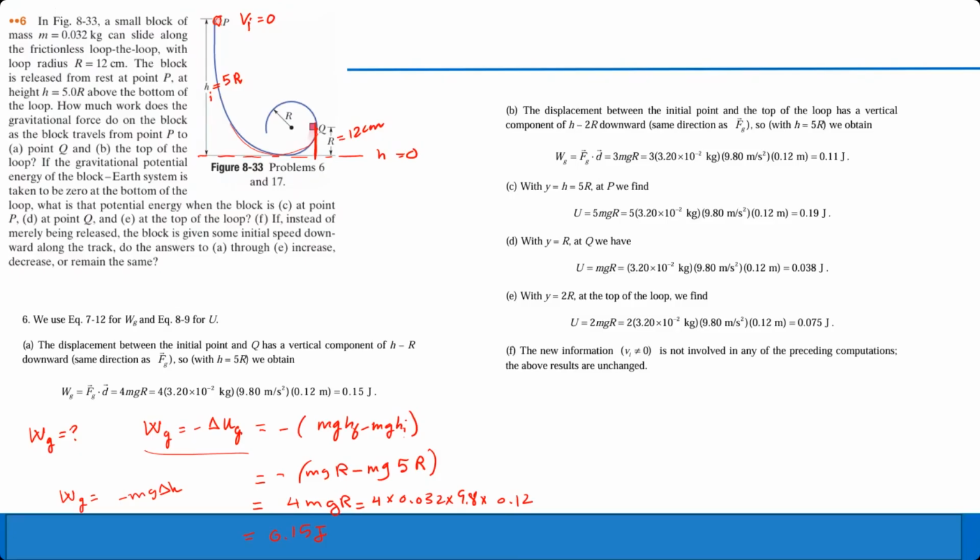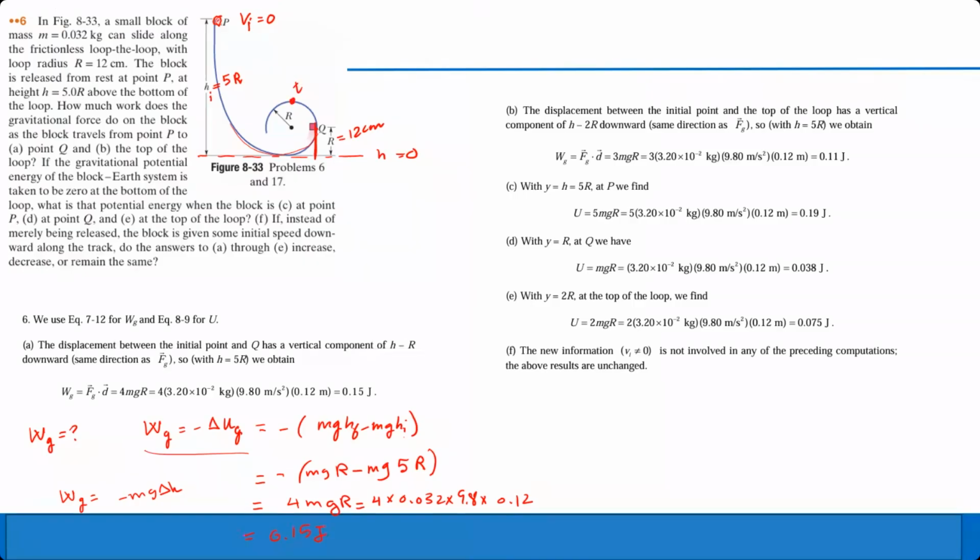In part B, we want the work done from point P to the top of the loop. At the top of the loop, I'll name this point here T. Same formula.